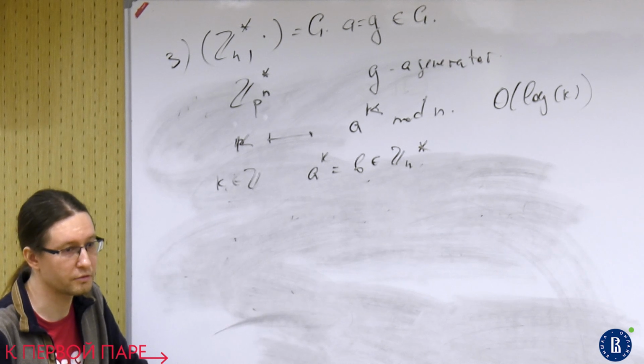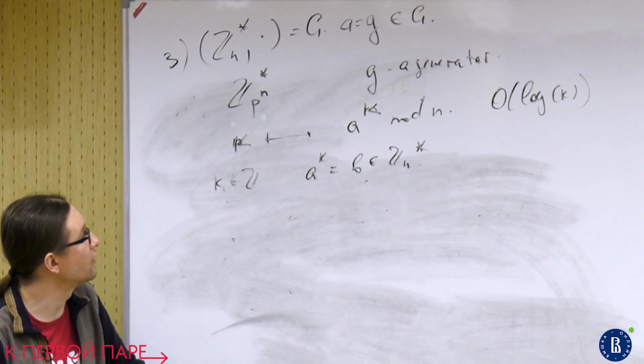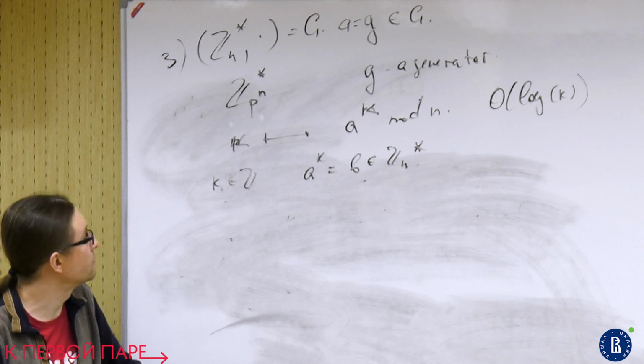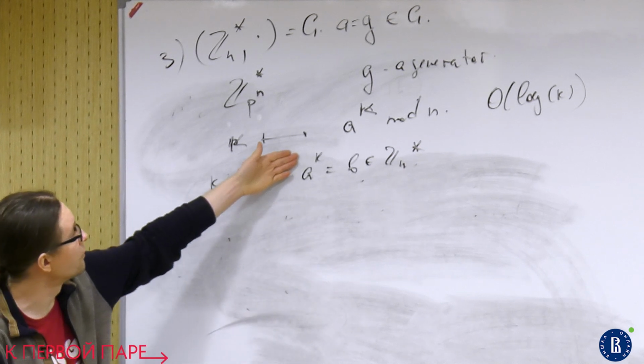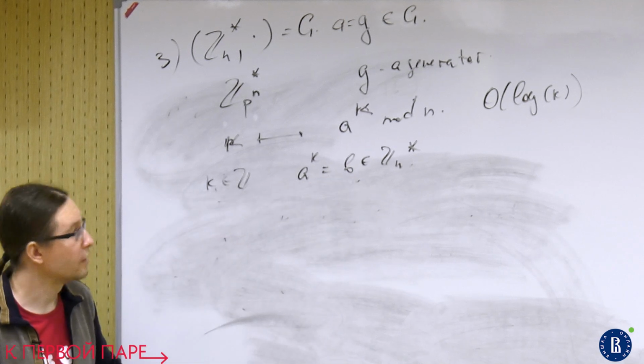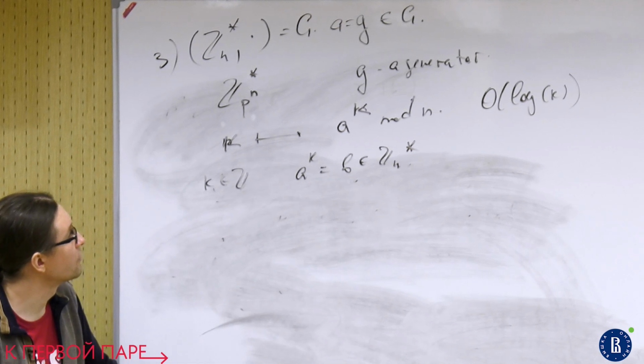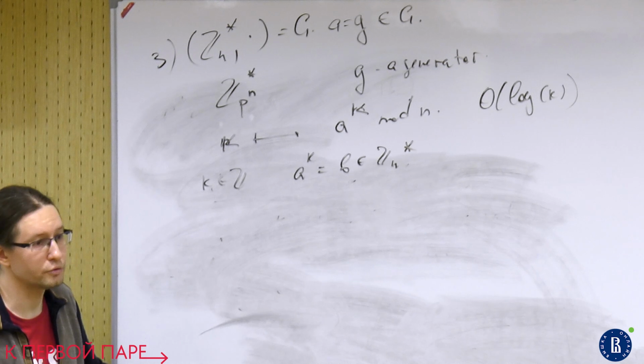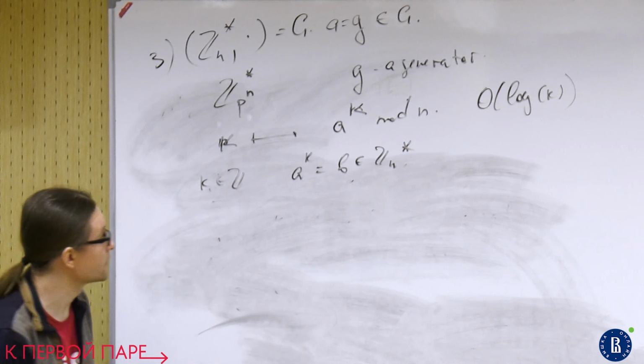Literally, there is no algorithm, there is no way to solve this problem without choosing all possible k's and comparing the result with b. So this is an example of an operation that is hard to do without brute forcing. This is hard.